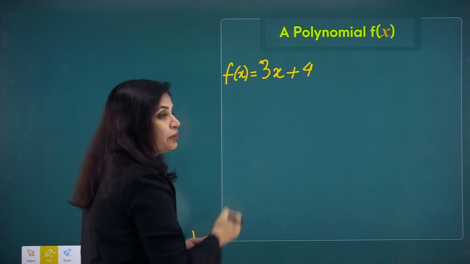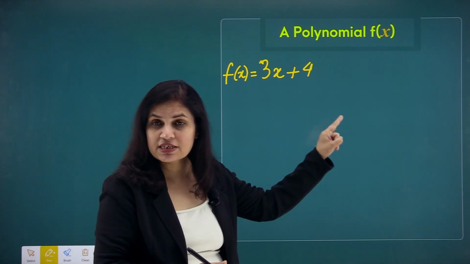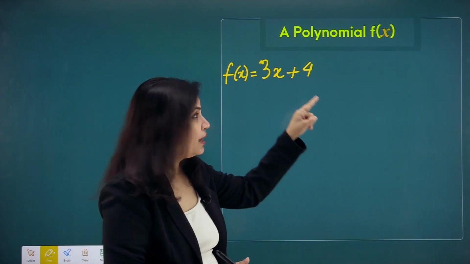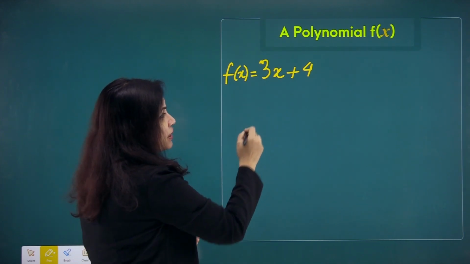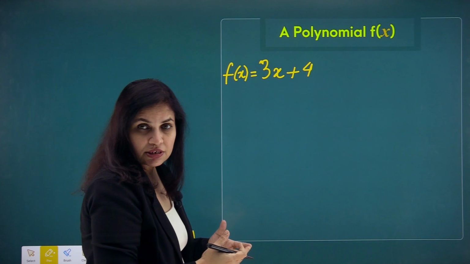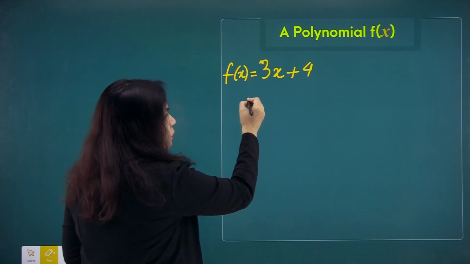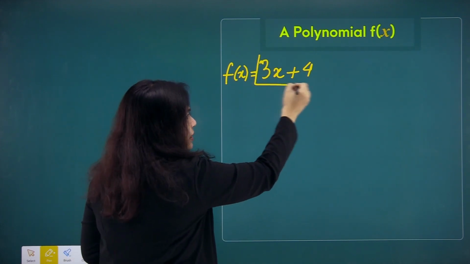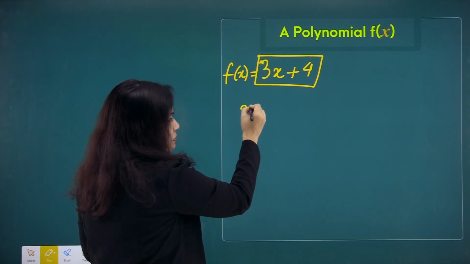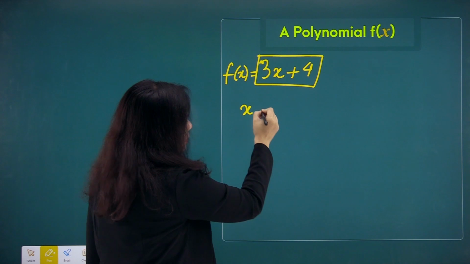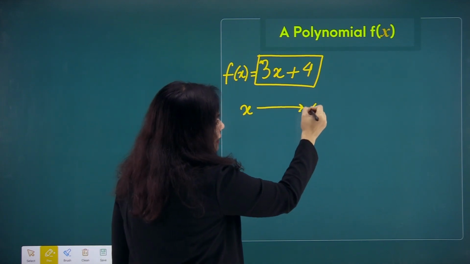Now, why will it be called a function? Because x is behaving in a certain way. x is my input, and if I function this input in a certain way, what is that way? What I did to get this 3x plus 4. Starting with my input x, I multiplied x with 3.